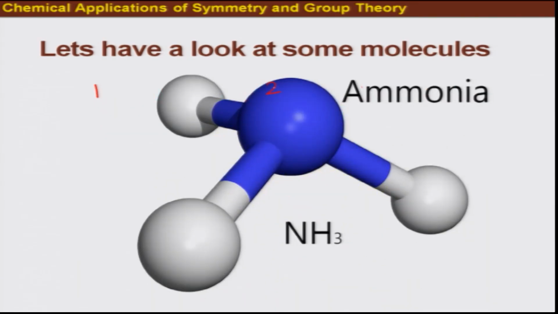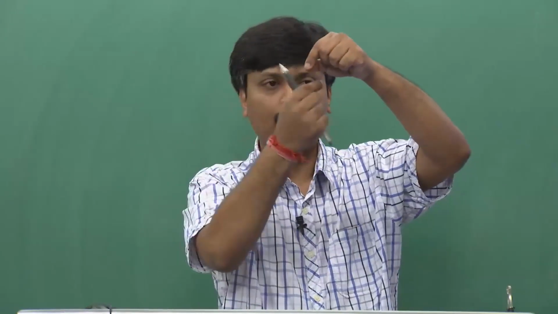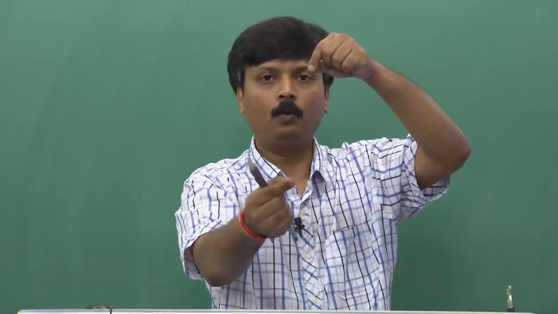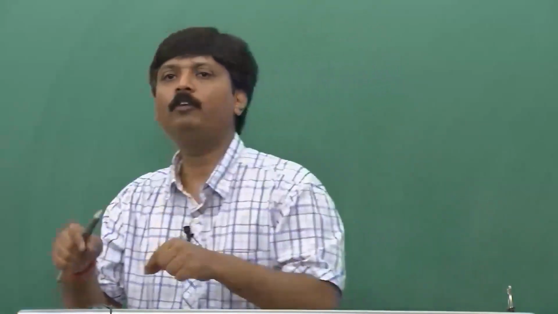Let us have a look at another molecule which is also very much known to us, particularly the students who have been working in a chemistry laboratory, organic or inorganic or even physical. We know about ammonia. Ammonia has a pyramidal structure, as you can see here. One nitrogen and 3 hydrogens occupy 3 vertices of a triangle.